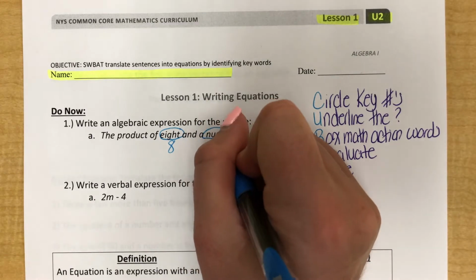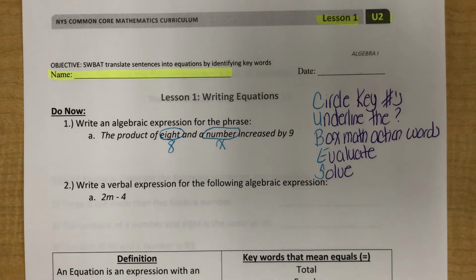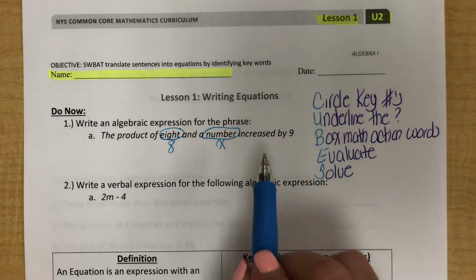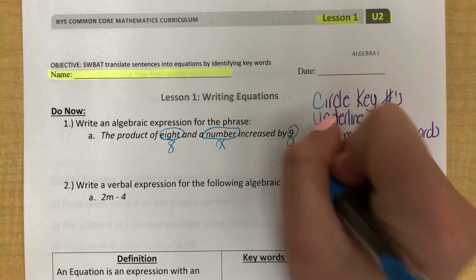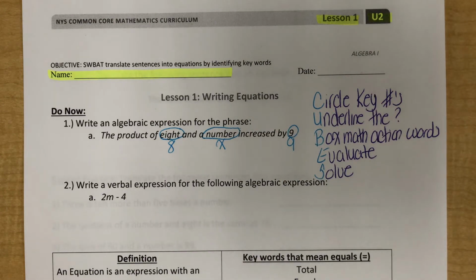So I'm going to let that be represented by X, because anytime we don't know what something is in math, we represent that with a variable. And then it says it's increased by 9. 9 is another number. I'm going to circle it and literally rewrite it. So circle key numbers, we are done.